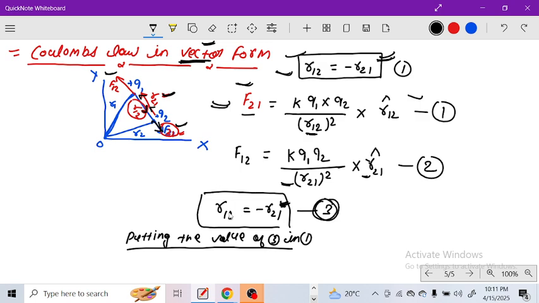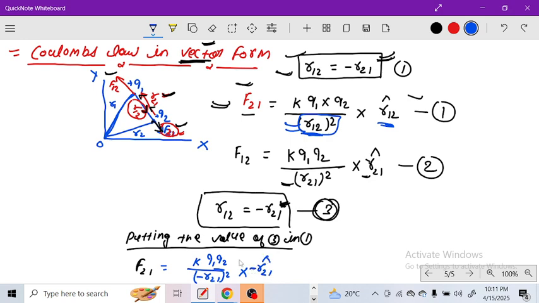Okay, so here I am writing F21 is equal to K Q1 Q2 divided by R12 square, which means minus R21 square, whole square, into the unit vector, which I am writing as minus R21 unit vector.